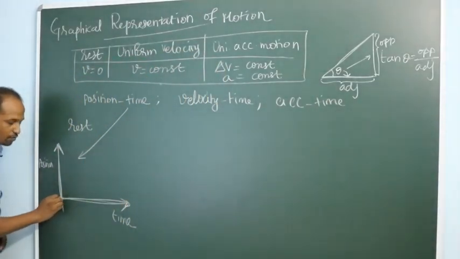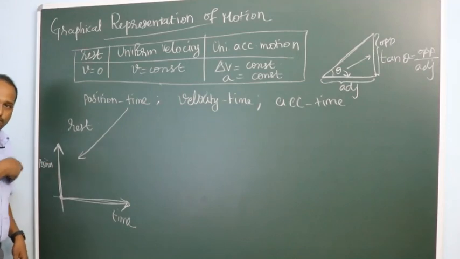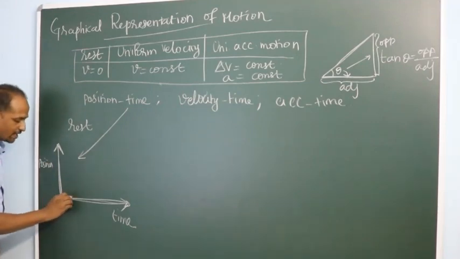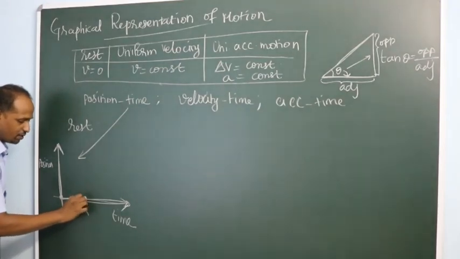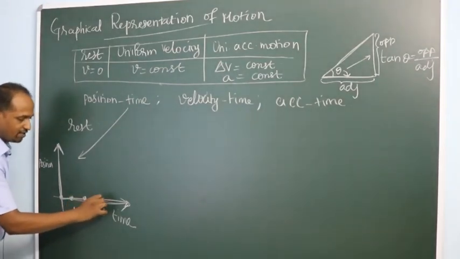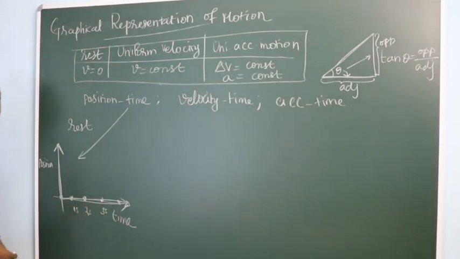When time is 0, that means when you start observing, the object was at the 0th position. 0 means from you, it is at position 0. After 1 second, it is still at 0. Then after 2 seconds, 3 seconds, 4 seconds, it is still with you.